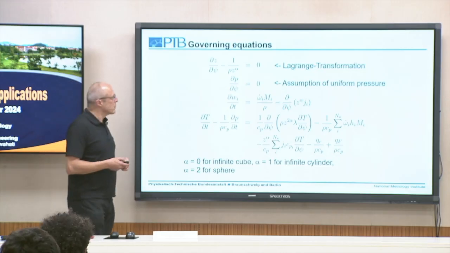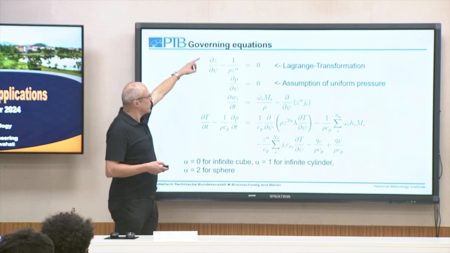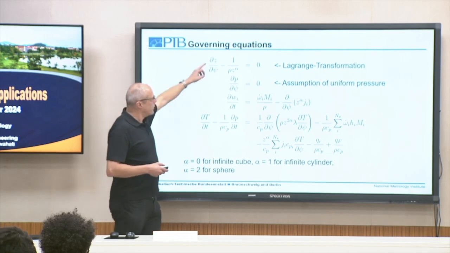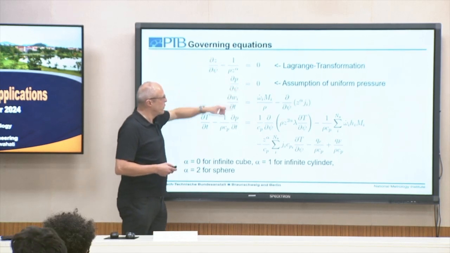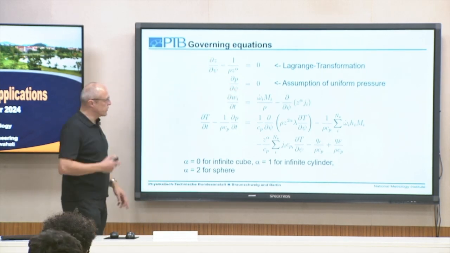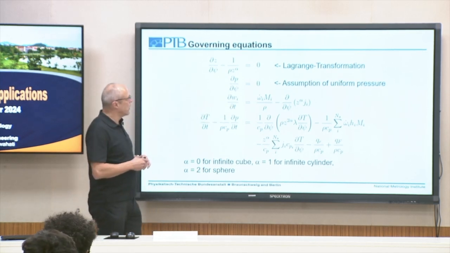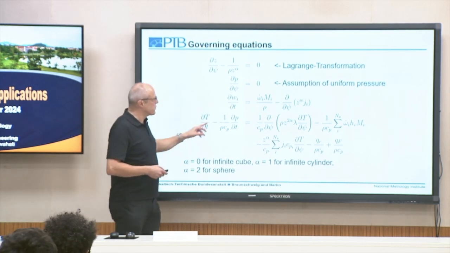So here we have already the transformed equation system, and we assume for this example uniform pressure. So we have a quite simple equation system.